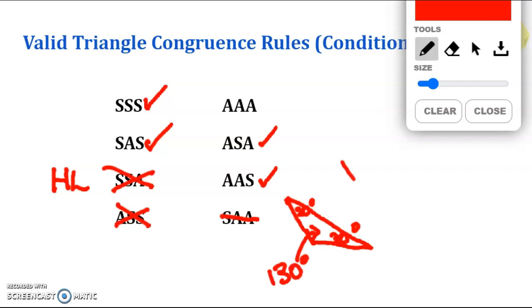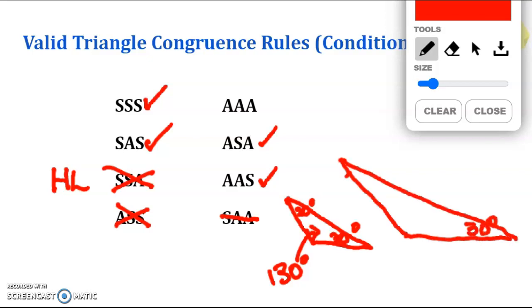Okay, if I was to draw another triangle with exactly the same measures, so this is 30, 20 degrees, and this is 130 degrees. Even though the corresponding angles are exactly the same in measure, obviously these two triangles are not congruent because they are similar, but they are sort of bigger versions of one another. So we know that angle, angle, angle is not a valid congruence statement.